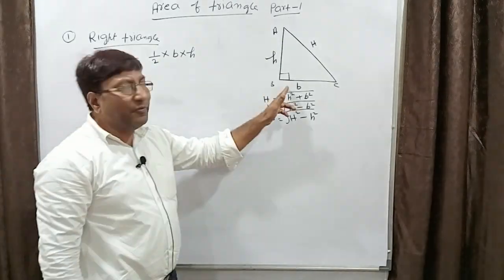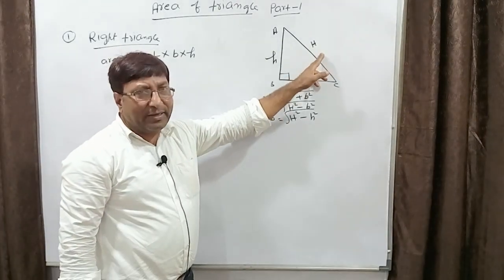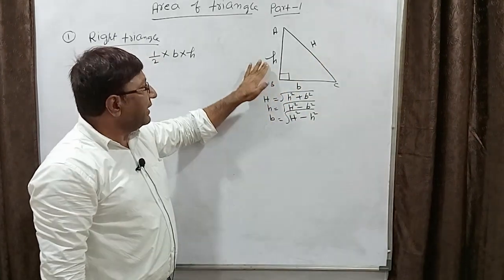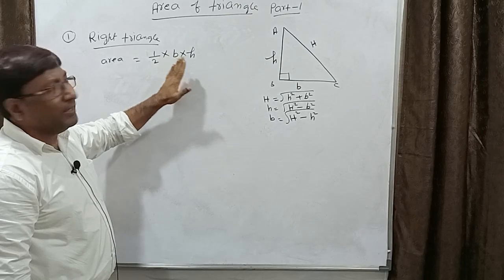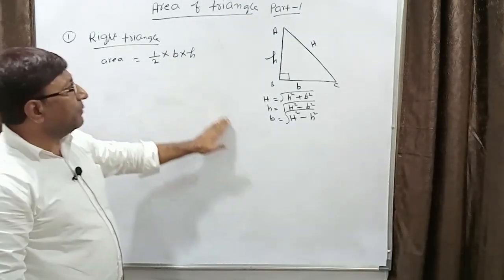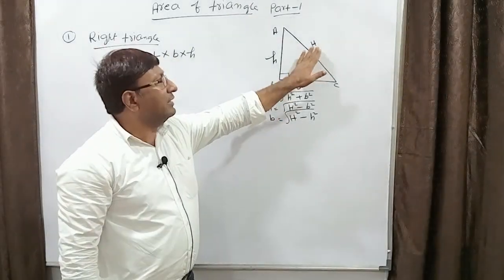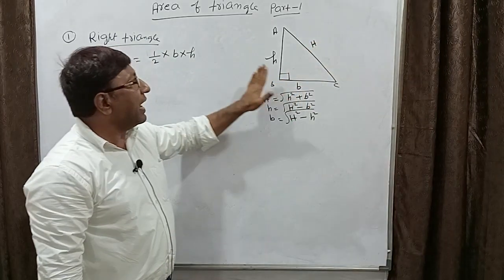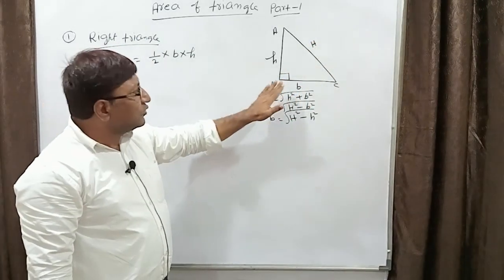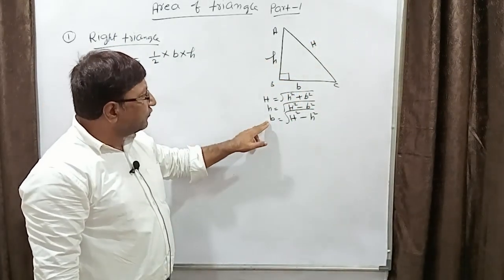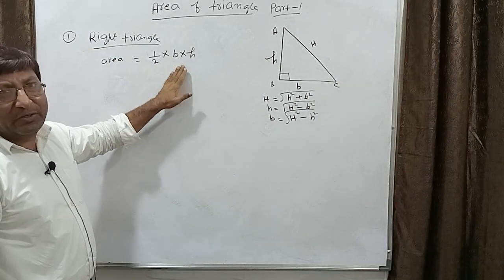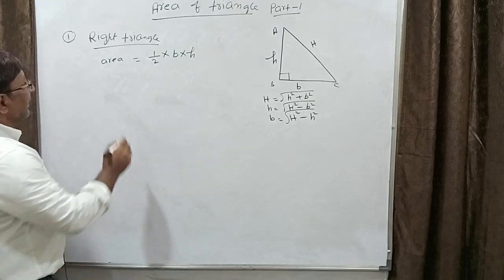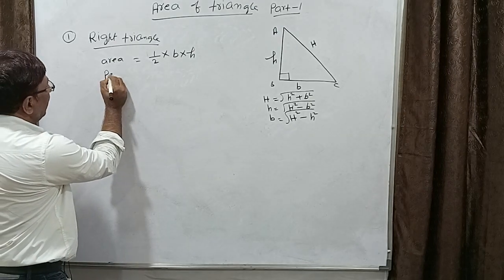If base is given and hypotenuse is given, then first you find the height from this formula and then again use half into base into height. Similarly, suppose the hypotenuse is given and height is given, but base is not given. So first you find the base from this formula and then apply half b into h.